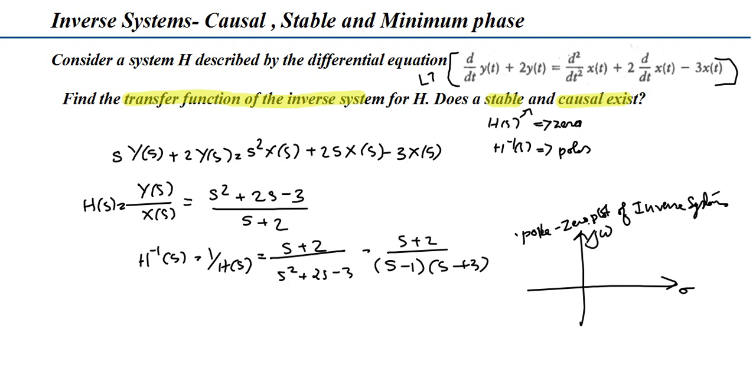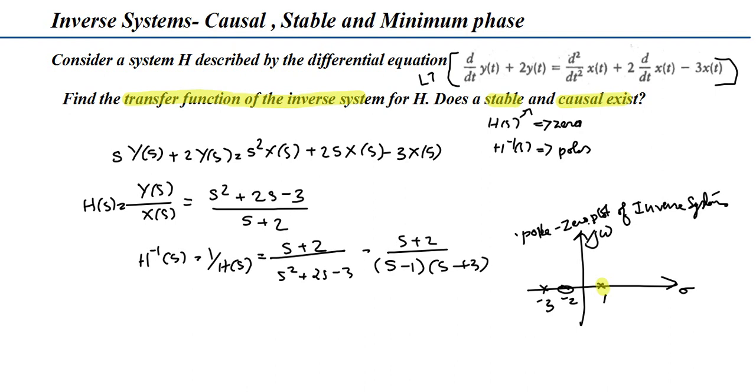We have a pole at s equal to 1, another pole at s equal to minus 3, and there is a zero at s equal to minus 2. You can see that one pole at s equal to 1 lies in the right half of the s plane. If a system is to be causal and stable, all of its poles should lie in the left half of the s plane.